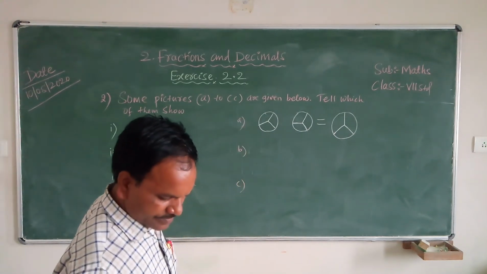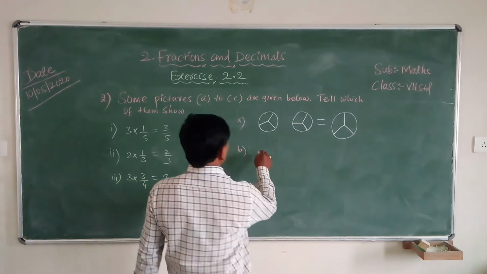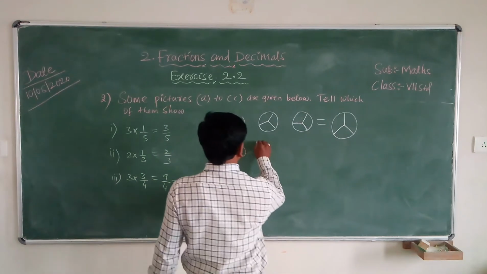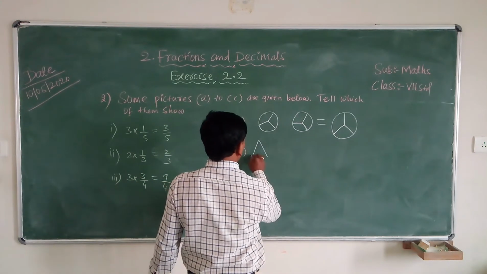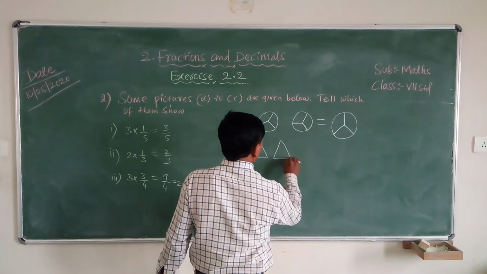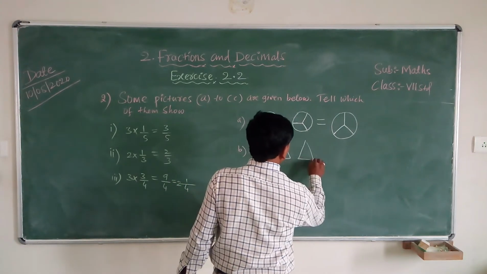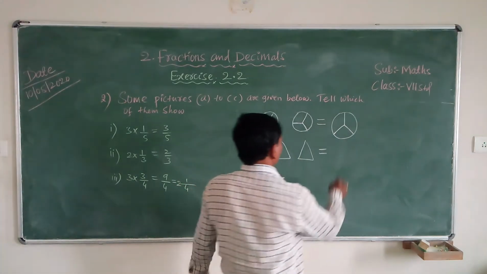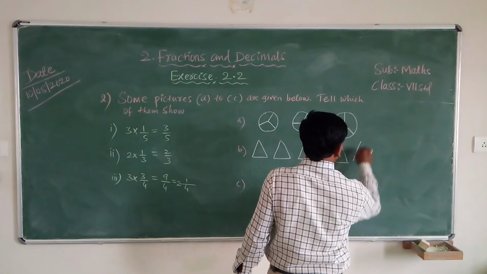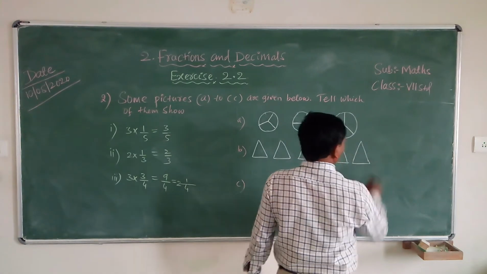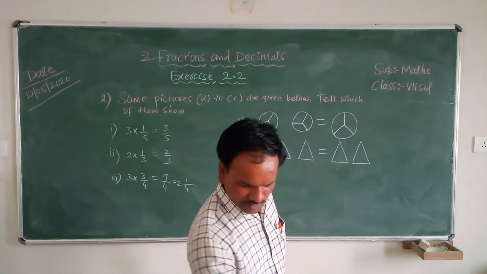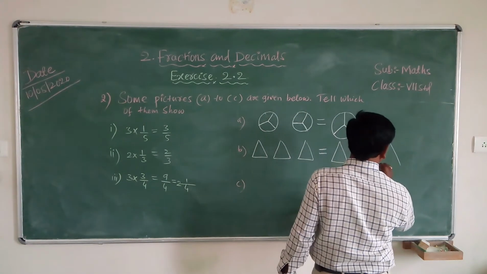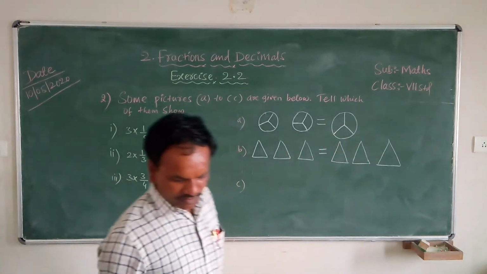Then B figure. B: first, 1, 2, 3 triangles are there. 1, 2, 3 is equal to 1, 2, then 3 figures are there.